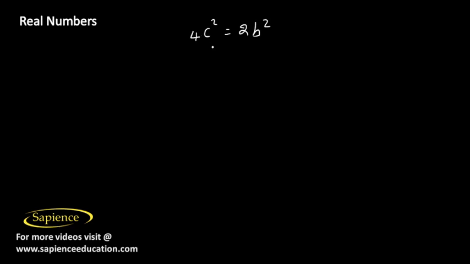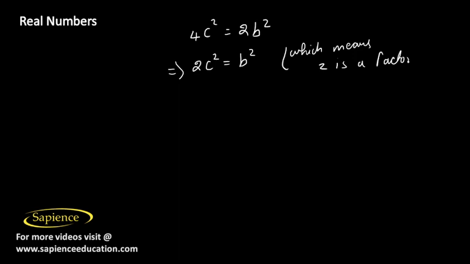Now cancelling 2 on both sides, we will get 2c square is equal to b square, which means 2 is a factor of b square.